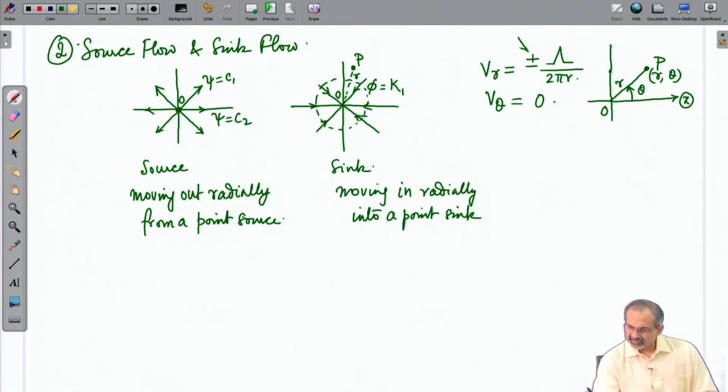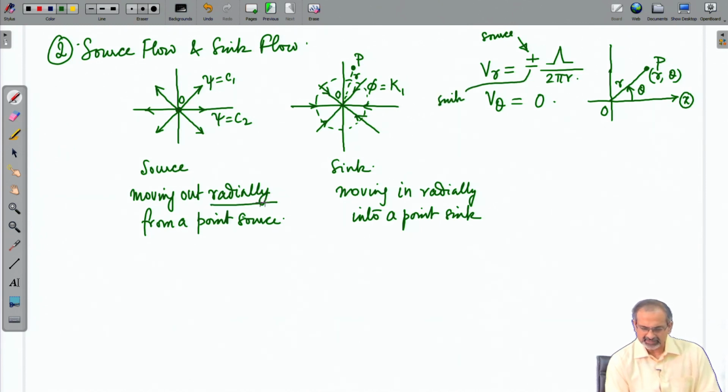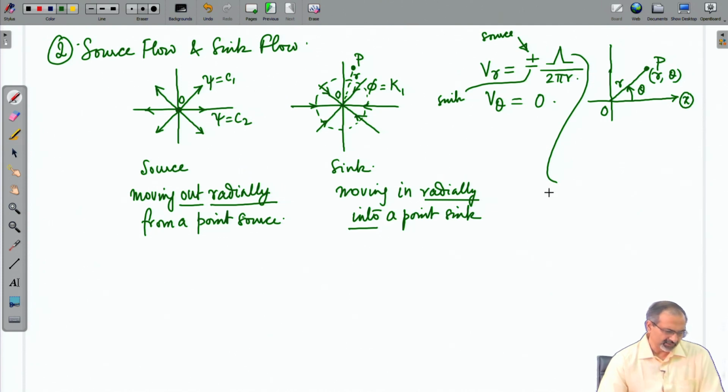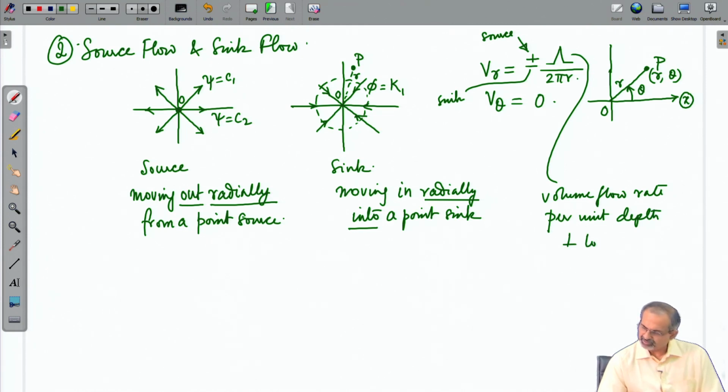For a source it is a plus, for a sink it is a minus, because in one case it is radially outwards, in another it is radially inwards. What is the significance of the capital lambda? It is the volume flow rate per unit depth perpendicular to the page.